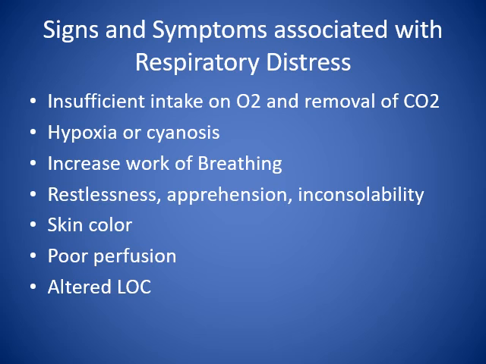They'll have increased work of breathing. You'll see retractions. Most often, children will present with subcostal retractions, and then the retractions will increase up if they have increasing distress. They'll be restless, apprehensive, inconsolable. Their skin color becomes a little more ashen, with poor perfusion, and as it progresses they might have altered levels of consciousness.